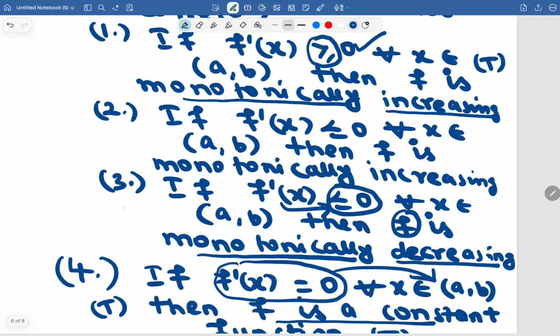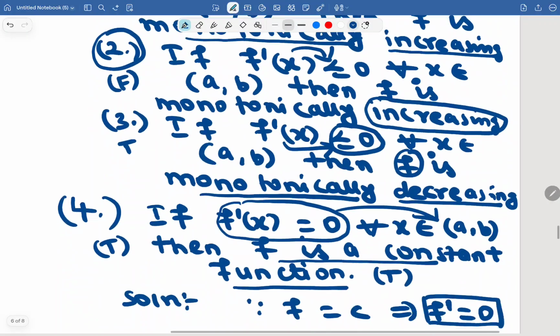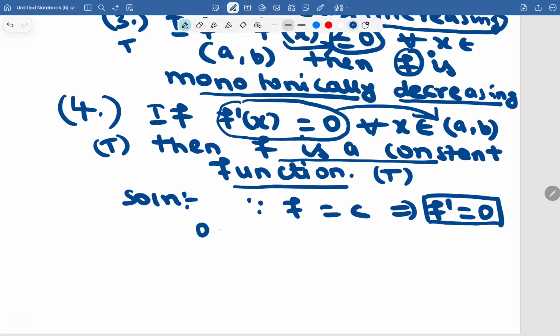This is also a true statement. First one true, fourth one true, third one true, only the second one, it is given as derivative is less than or equal to 0, f is monotonically increasing. This is a false statement, that is not correct. For this problem, option 2 is the correct option.